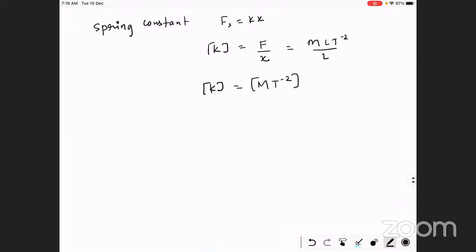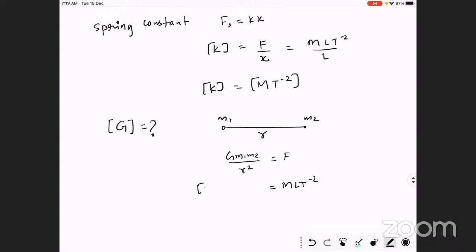Dimensional formula of gravitational constant, capital G. How to find this? Very easy. Imagine two point masses m1 and m2. Distance between them is r. G m1 m2 upon r square is equal to force. Now the dimensional formula of force is M L T minus 2.